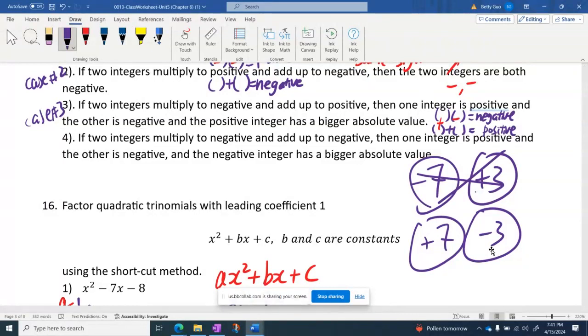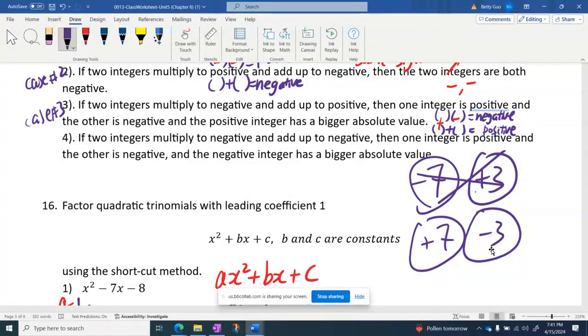If two integers multiply to negative and add up to positive, they have opposite signs. One is positive, the other is negative, and the positive integer has a bigger absolute value. You can understand it like the first integer describes the profit of the first game, and the second integer describes the profit of the second game.